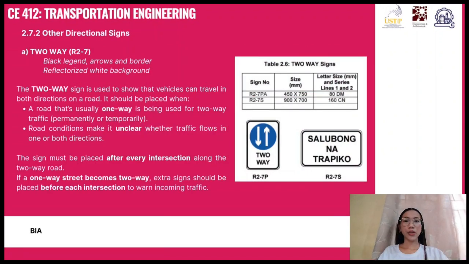Next is 2.7.2, other directional signs, which has two signs. The first is two-way, R2-7. It has a black legend, arrows and border on a reflectorized white background. As you can see in the picture, the two-way sign is used to show that vehicles can travel in both directions on a road.